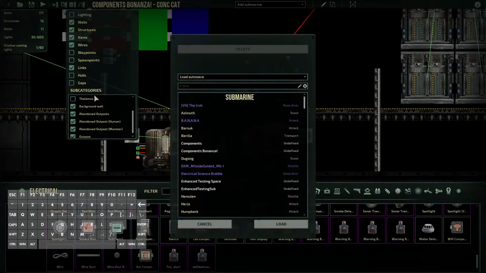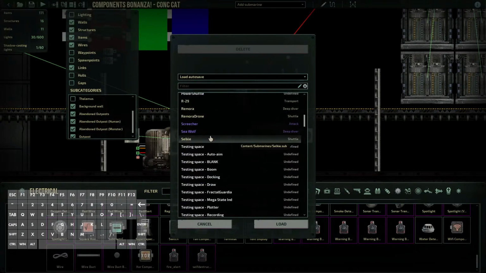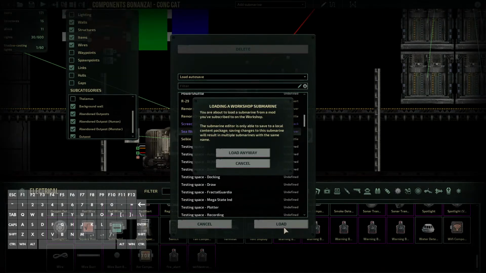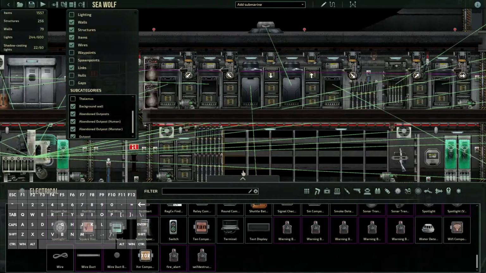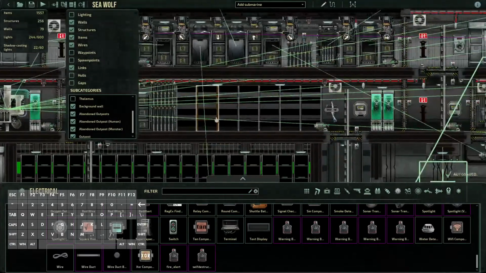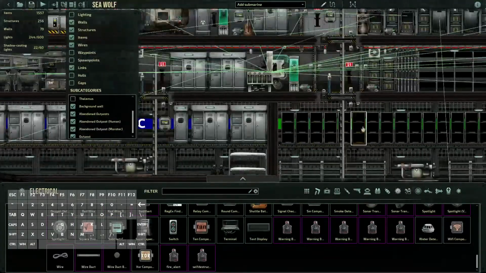Okay. Let's open, sorry, what's his name? Streamy. We're gonna beat up his Seawolf a little bit. So this guy's doing a fairly well designed sub. You can tell he's a little frustrated with the storage limitations of the other subs, because this guy has probably more storage components than he has anything else.